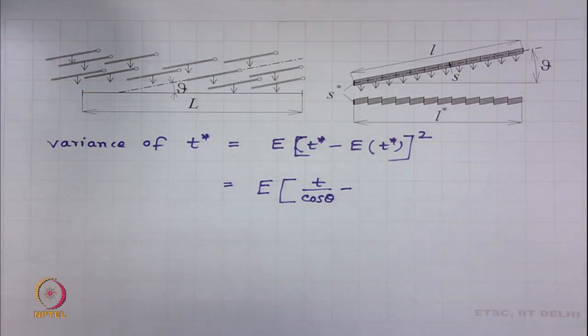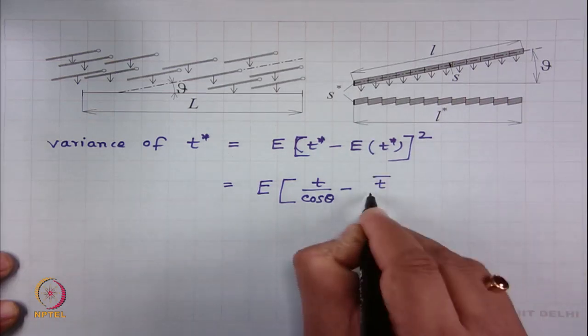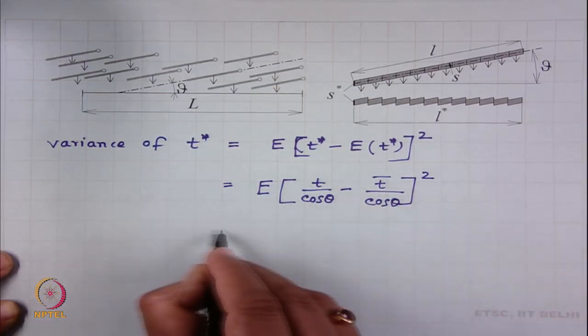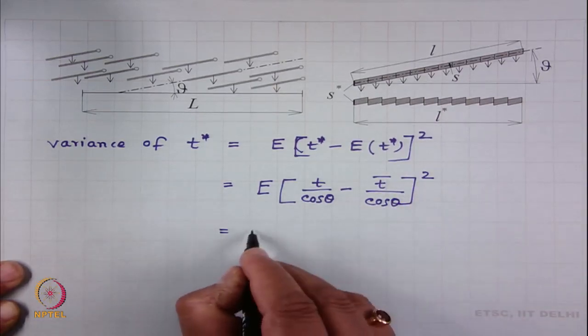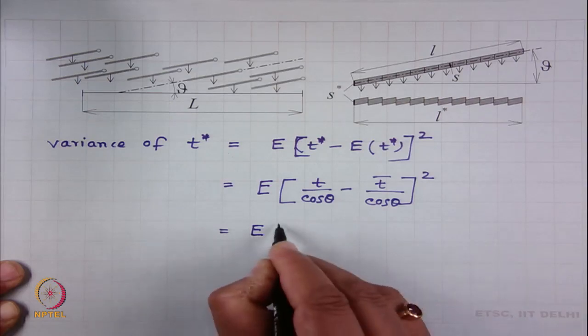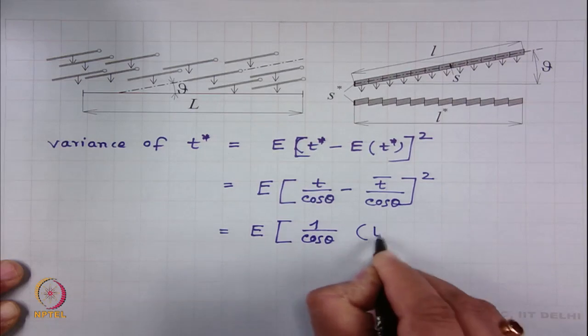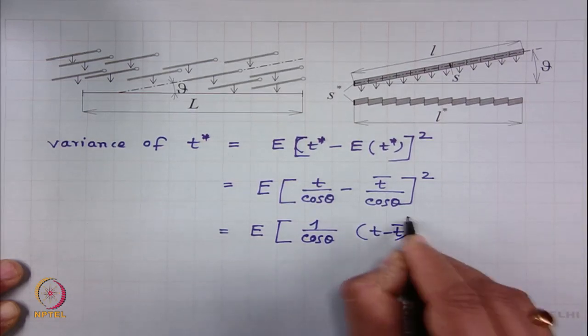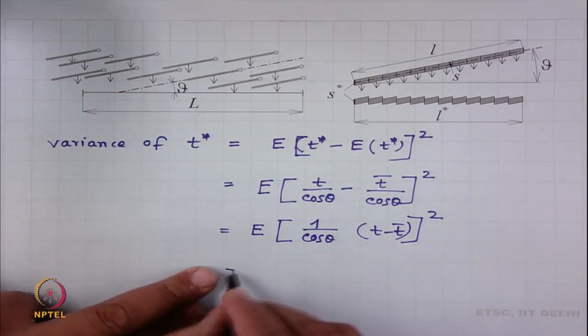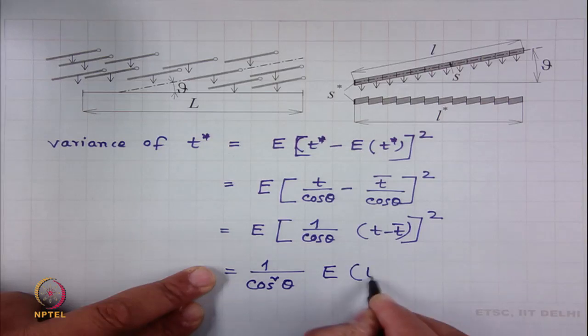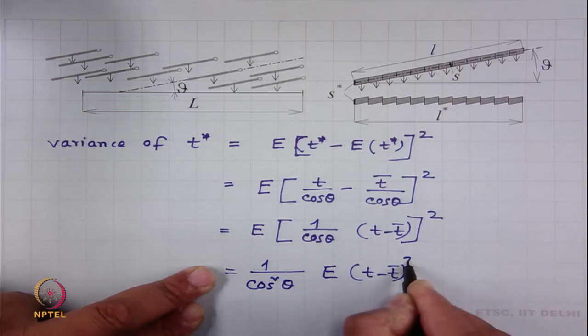Expectation of t star, that is t star bar is t bar by cos theta square. Now, cos theta is a constant. So, the constant will come out.